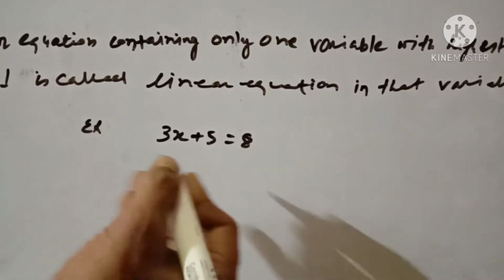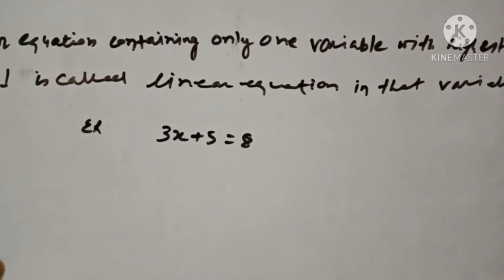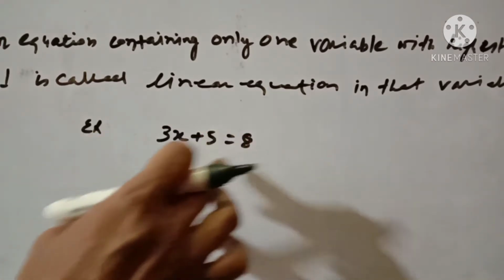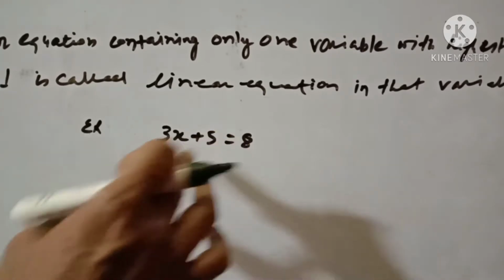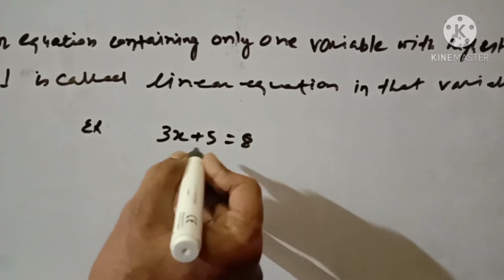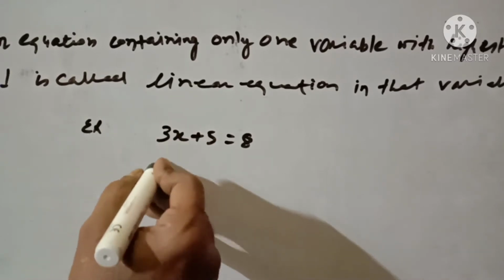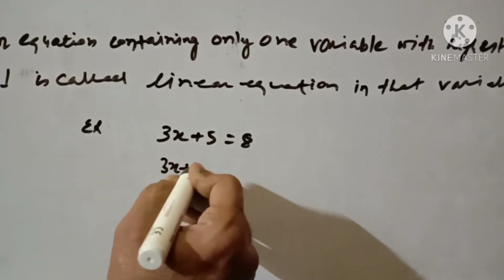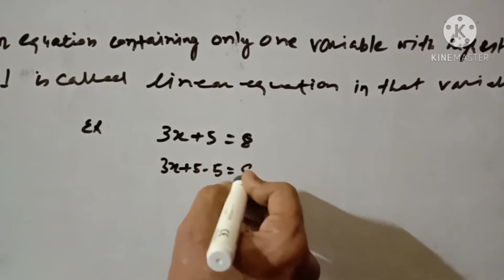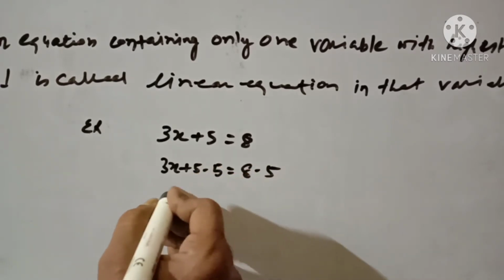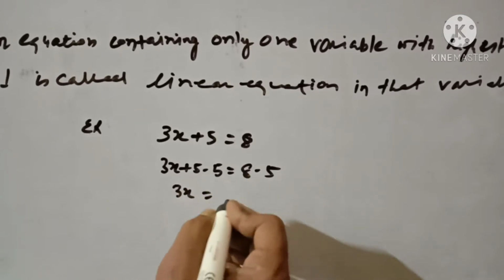In a linear equation, as we know, we can add the same number or expression on both sides, subtract on both sides, divide on both sides, and multiply on both sides. First you have to remove this part. So in 3x + 5, I am removing this 5, so minus 5, and I have to subtract 5 here also. So 3x = 3.